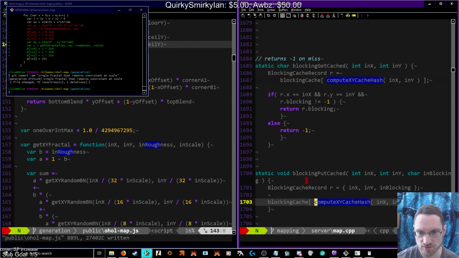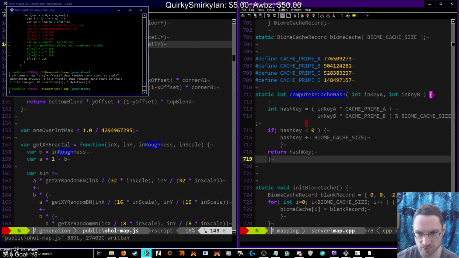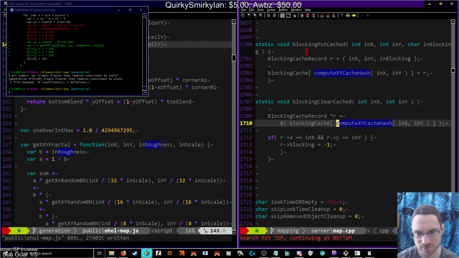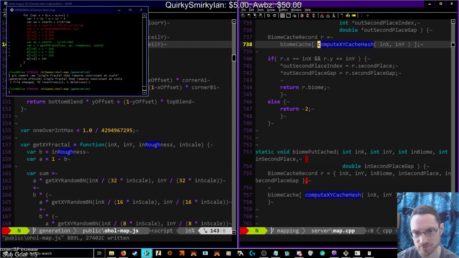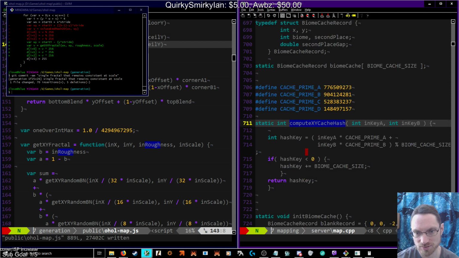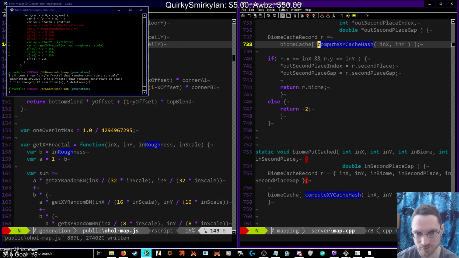Yeah, so there's a little bit of stuff to go through still. I mean, see, that's just the cache key. I wanted the, well, okay, that's a cache record. Yeah, so there's a little bit of stuff to get through.